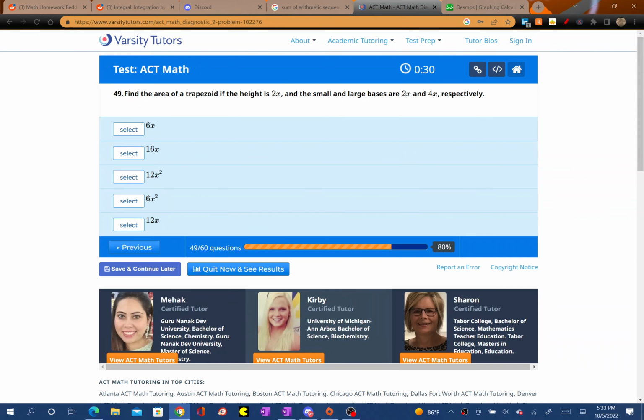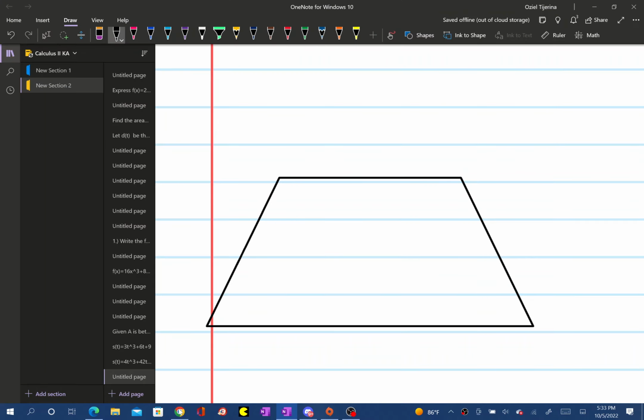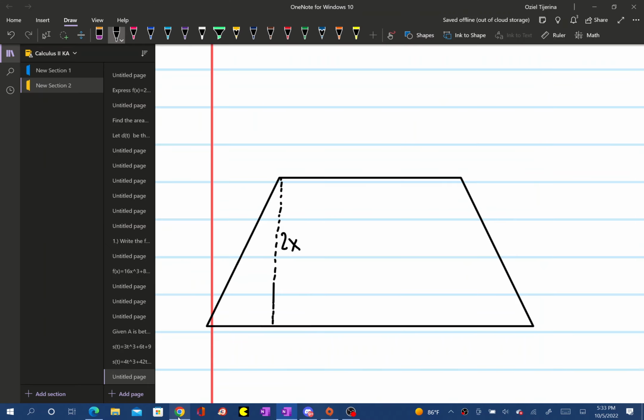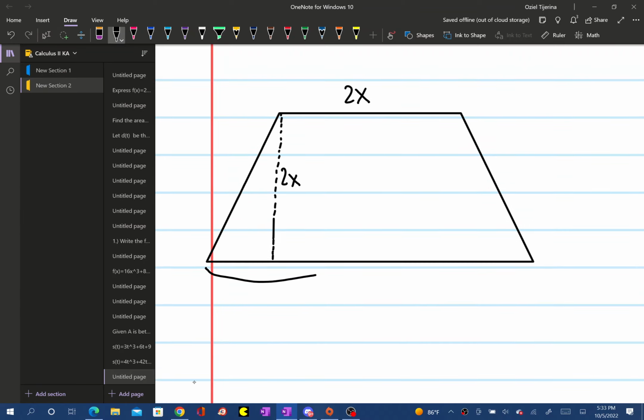Okay, so if the height is 2x, so this is the height, it's 2x, and the small and large bases are 2x and 4x respectively. So I think this would be 2x, and this large part would be 4x.